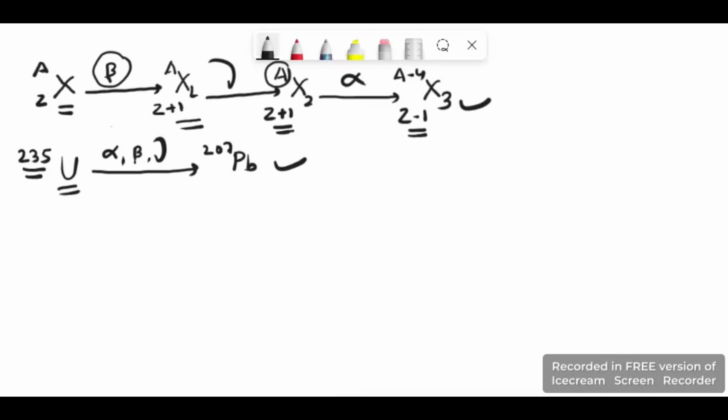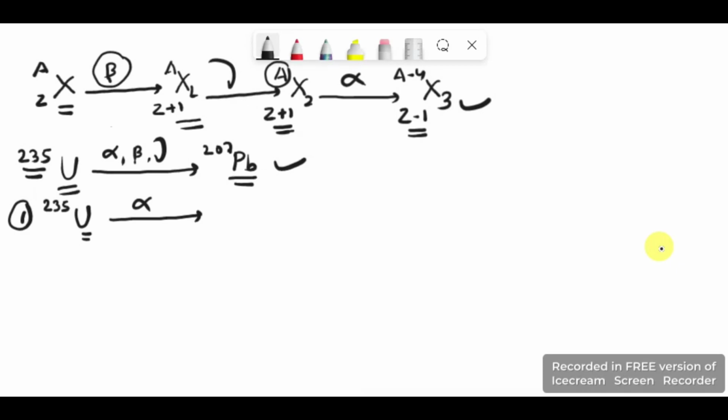So students, we will discuss the different steps and how this uranium undergoes a series of radioactive decays, and the product we get at last is lead 207. Now in the first step, suppose we have uranium of mass number 235, and this uranium undergoes a radioactive decay, and during this process an alpha particle is emitted.